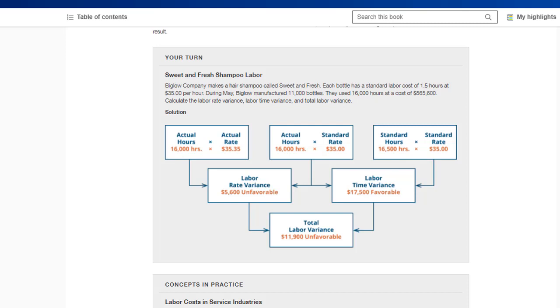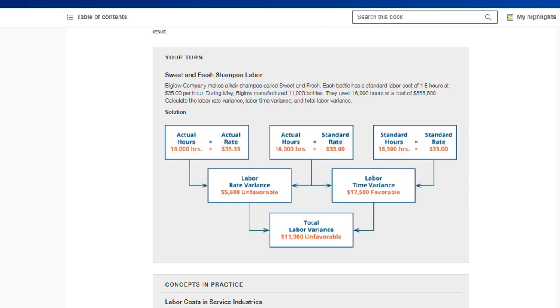Those two impacts netted together equals $11,900 favorable. And that's another way to come up with the conclusion that you had a total labor variance that was favorable to the tune of $11,900.